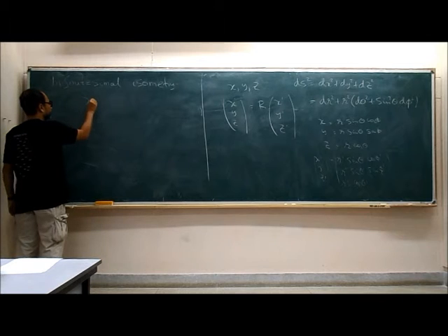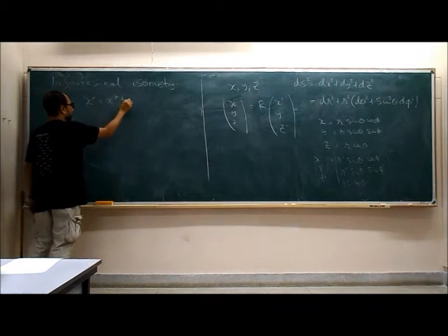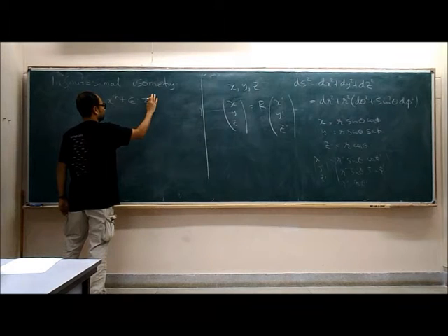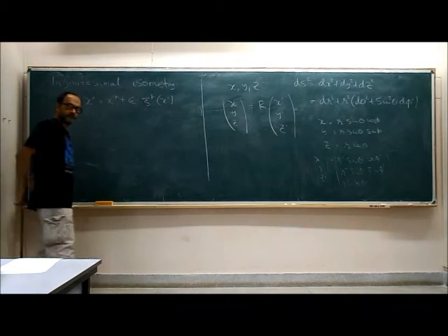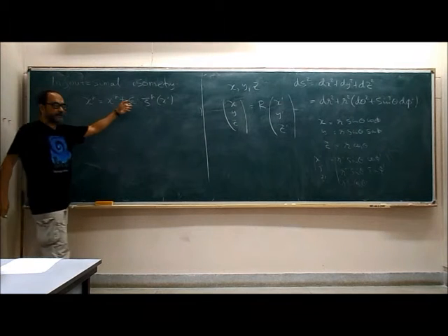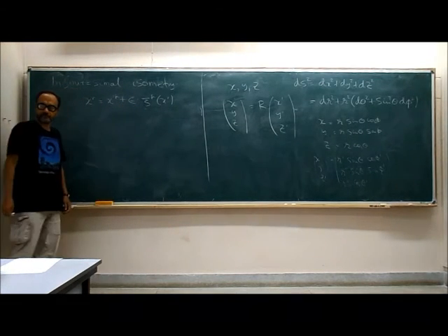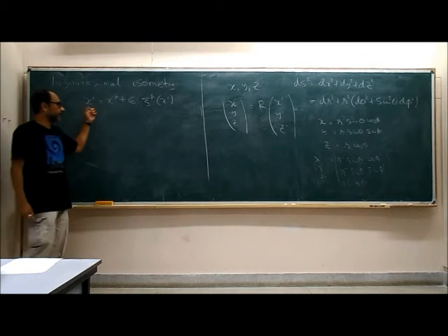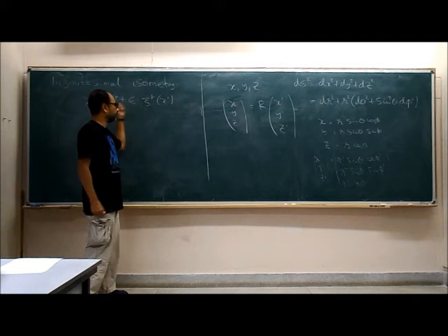So these will take the form x^μ = x'^μ + ε ξ^μ, where epsilon is an infinitesimal parameter. And then one might ask, what condition does ξ^μ have to satisfy in order that this is isometric?